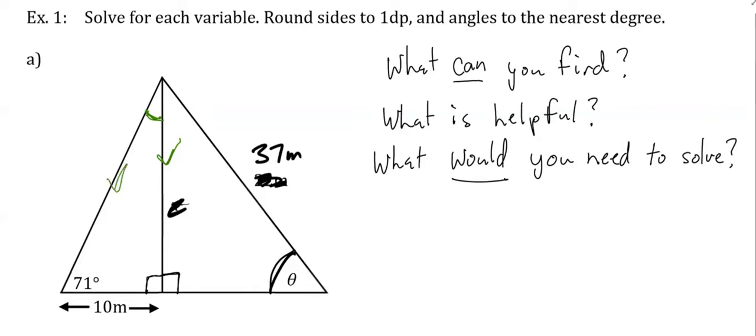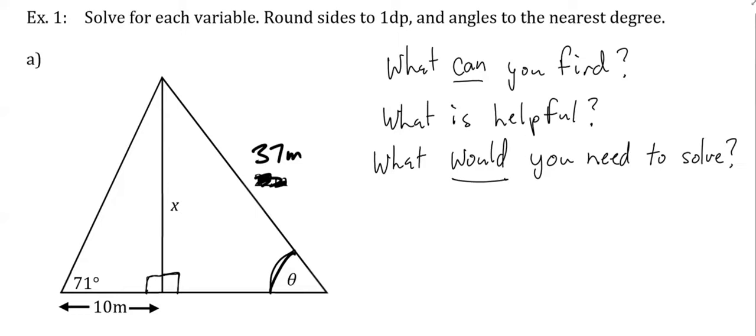And I think we can find, if we wanted to, that. Is it helpful to find this? I don't think so. Is it helpful to find this? Depending on how you solve the question, maybe. But of the things that we can find, the most helpful, I think, is x.